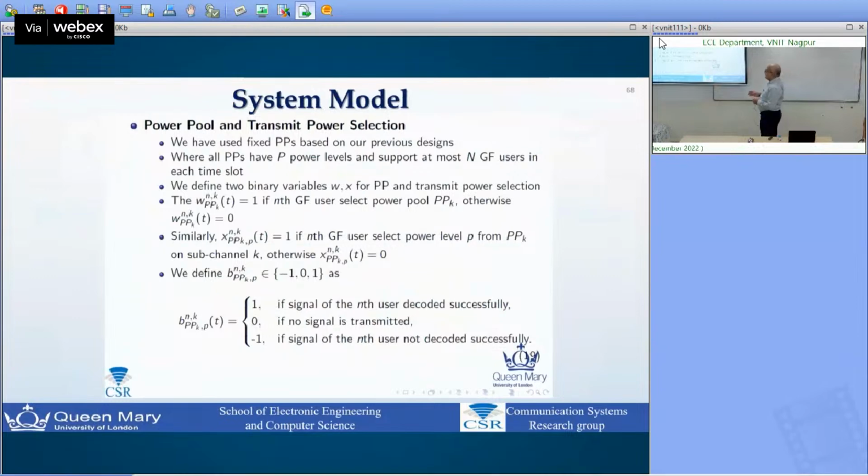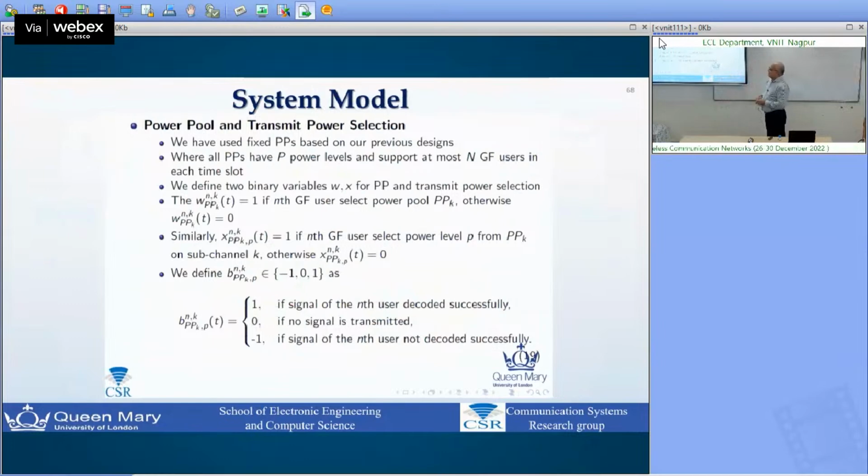Now here we have another variable. If a signal for a particular user is decoded successfully, we take that variable as 1. If it is not successfully decoded, -1. If the signal is not transmitted, it is 0.